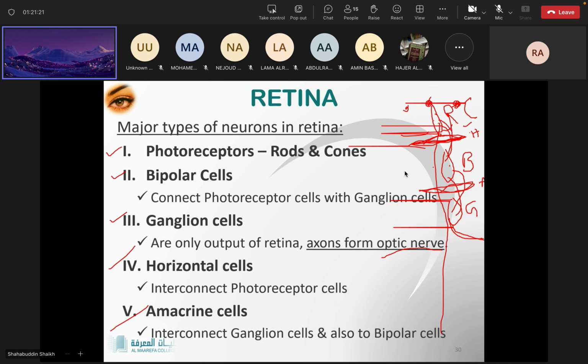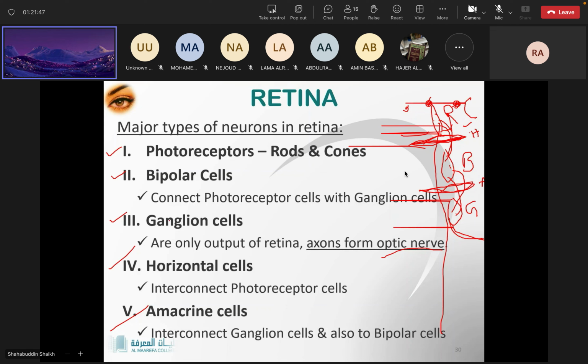How it helps in vision, we'll see later on. For now, remember horizontal cells can connect the receptors among themselves also, and they will connect receptor cells to the bipolar cell also. And what is the function of amacrine cells? They will connect bipolar cell with the ganglion cells.